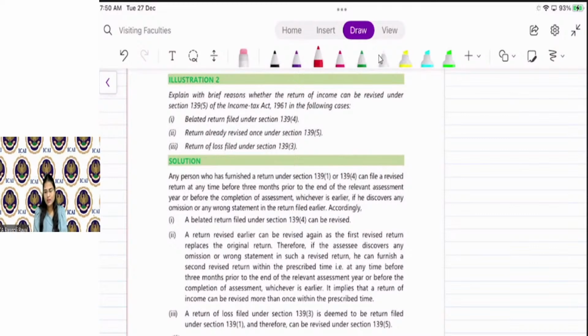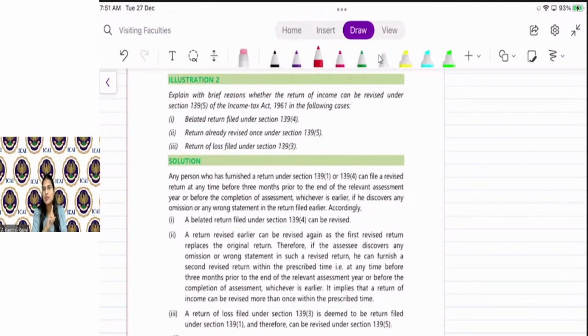See, my dear friend Dhyanesh, you are confused. See, if you are filing return after due date, then you have to pay interest on tax payable from the end of actual due date, that is 31st July, to the date on which return is filed.